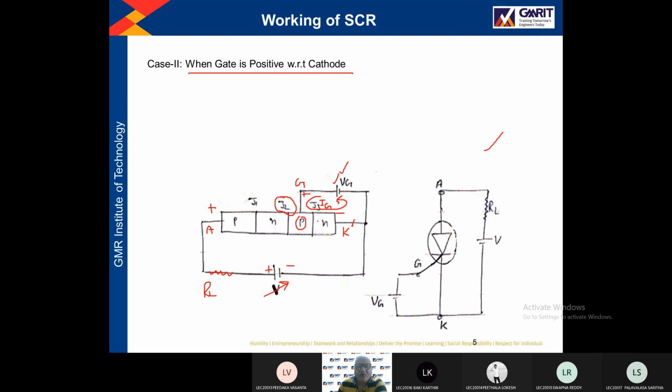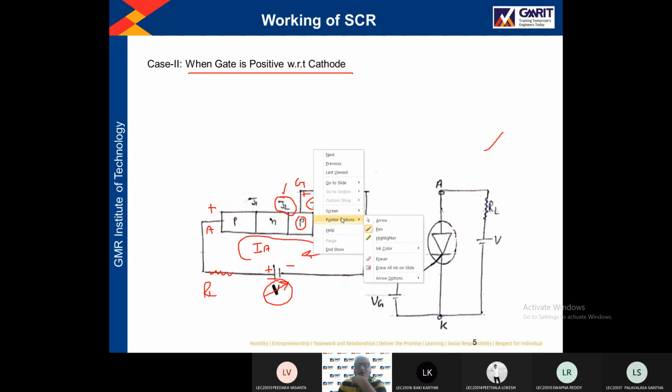Now if this gate current flows, then the anode current, which I call IA, can also start flowing, because this junction J2 will be broken at a much lower voltage V. And if you increase this voltage VG, then current conduction will take place at a much lower voltage.